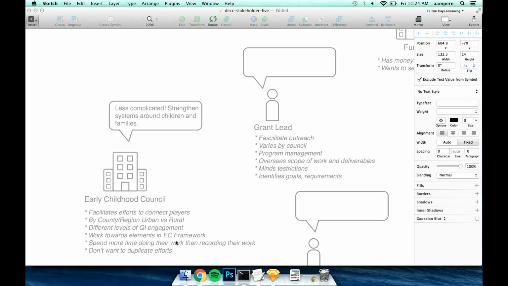You might be the grant lead, the QI navigator, and the coach, but from a database definition standpoint, we need grant lead to mean the same thing for everybody, right? It doesn't mean that your title is different or the way you do your job is different. It just means that we need to define what the grant lead role is in the system. Does that make sense?